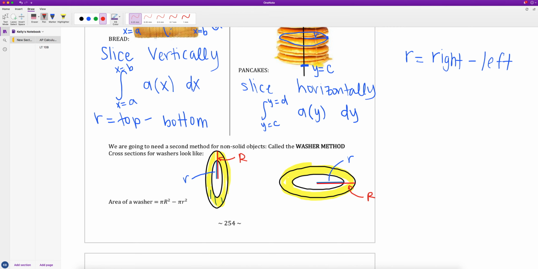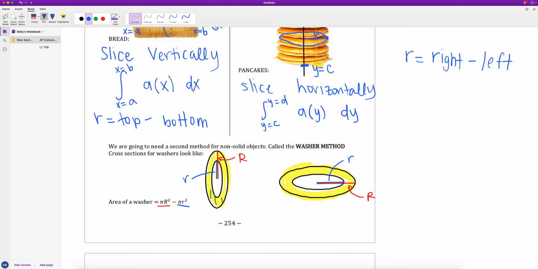To find the area of this, I can find the area of the entire big circle, which would be pi R squared, and then subtract off the area of my inner circle, which would be pi times lowercase r squared. If I do the big guy minus the smaller guy, I get the area of the washer, which is the yellow shaded region that we are after in this case.